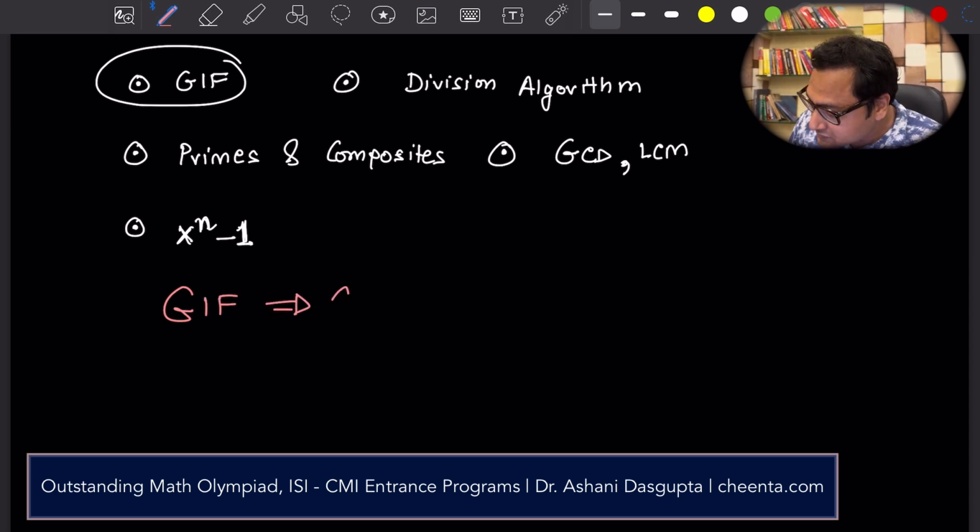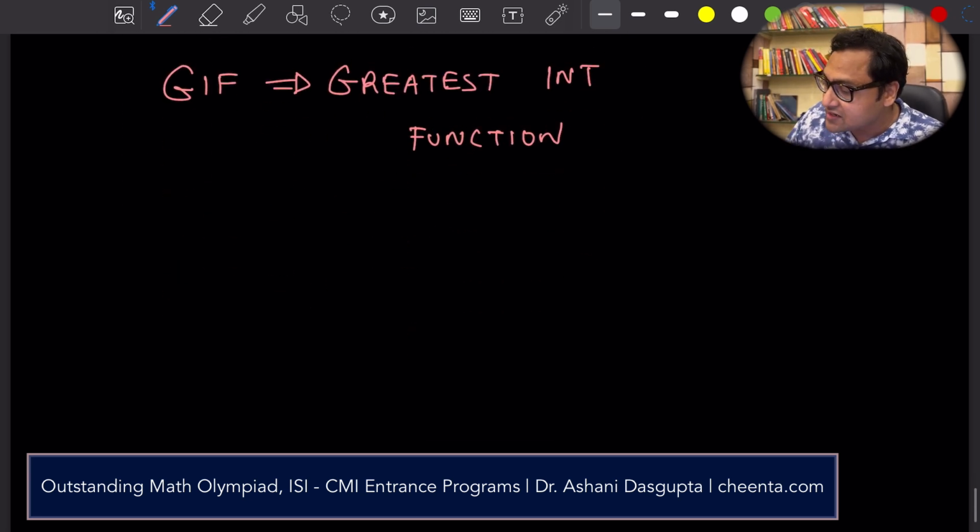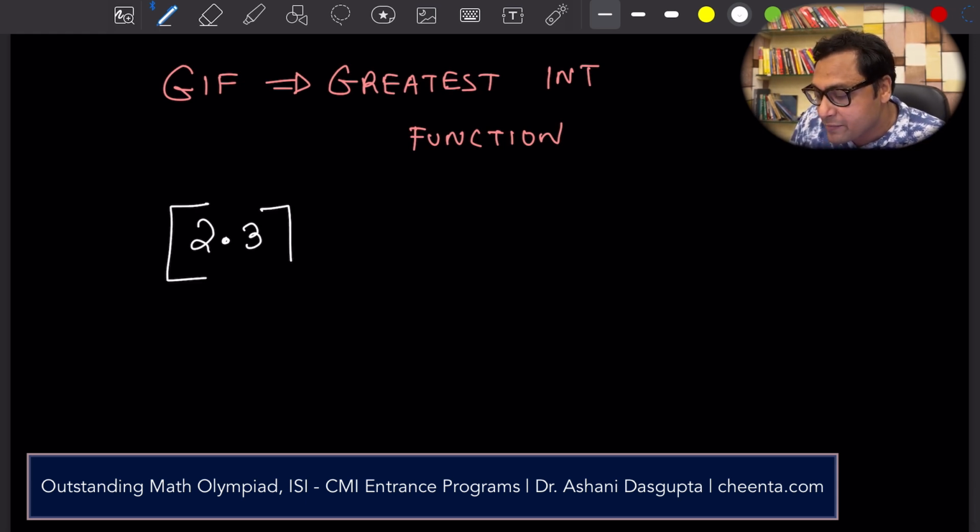greatest integer function. So many of you are familiar with this. I will just give you a quick example. Let's say if you have 2.3 and you want to apply the greatest integer function to it, usually denoted by square brackets.